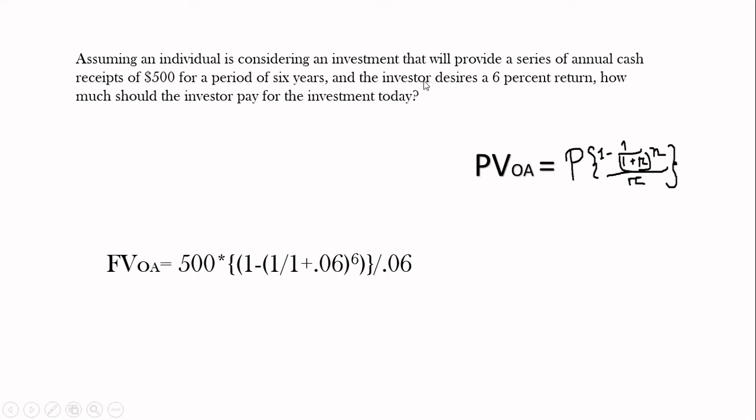It doesn't mention anything like that. And you see the annual cash receipts is 500, so there's no monthly or other compounding, so this is a yearly payment. So 1 plus r means 1 plus 0.06 to the power of how many years? 6 years is given here. 6 years, n is 6, divided by r, 0.06. Okay, so the result is $2,458.66.